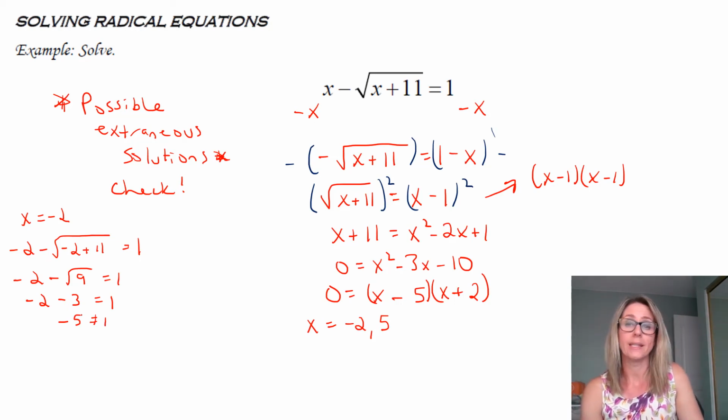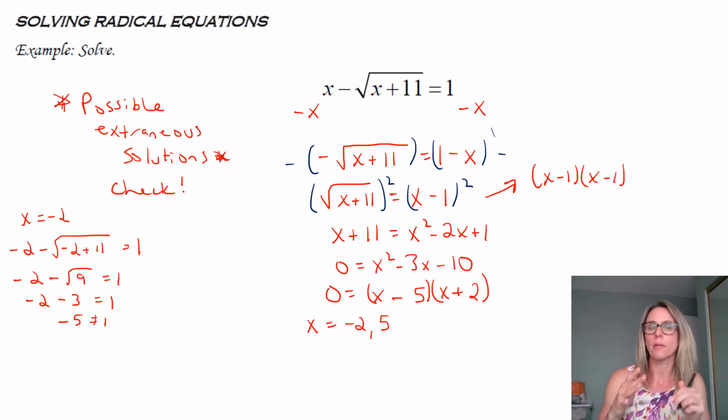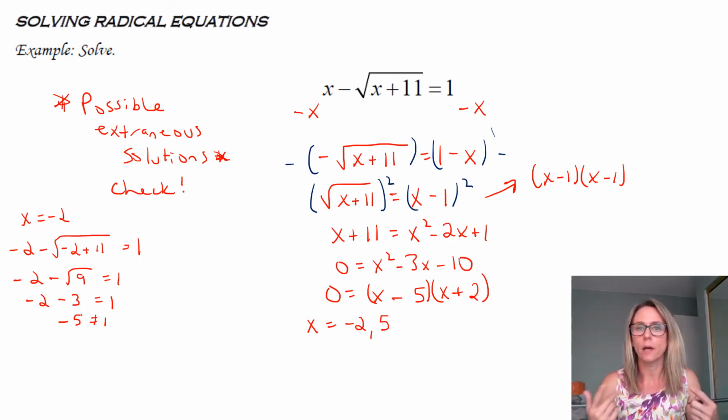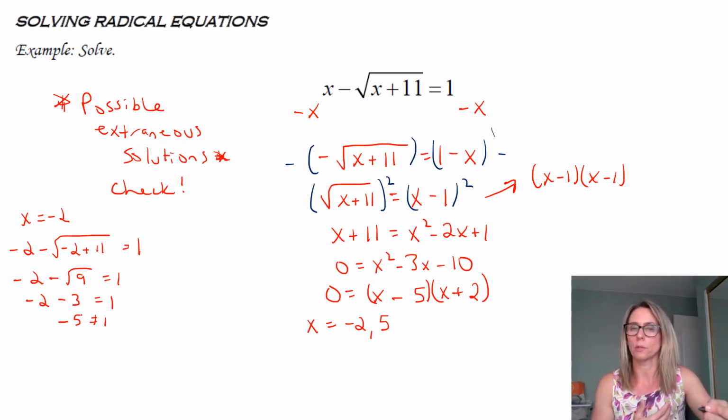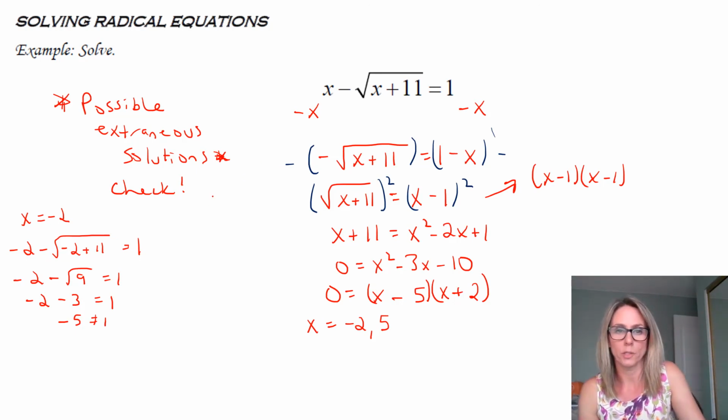So negative 2 is actually not a solution in this case. And the reason that it occurred is because we took two sides of an equation and we squared them. And even though that is a valid operation, it does allow for the fact that you could end up with an extra solution in this case. So not all the time, but you could. So we check, and negative 2 does not work.